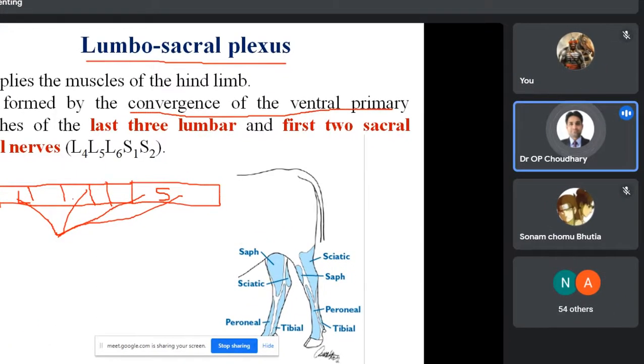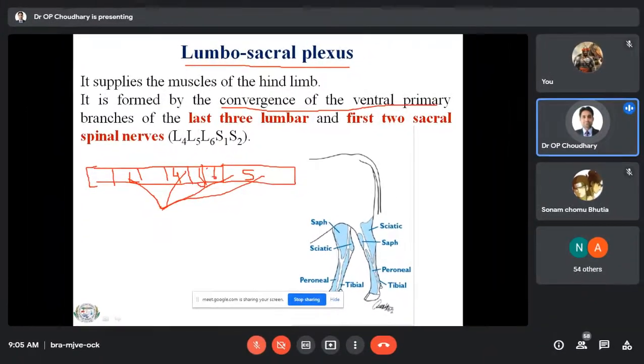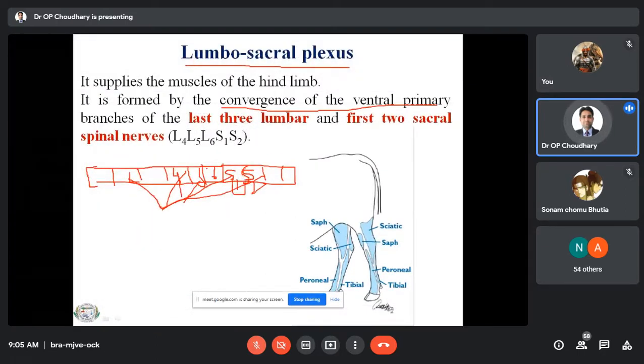So the last three means L4, L5 and L6, along with sacral 1 and sacral 2, because the sacrum consists of 5 sacral vertebrae. So the ventral primary branches of L4, L5, L6, the last 3 lumbar, along with the first 2 sacral spinal nerves, form the lumbosacral plexus.